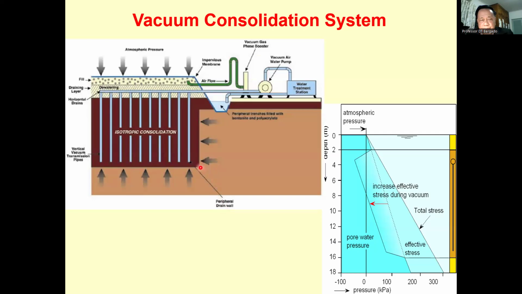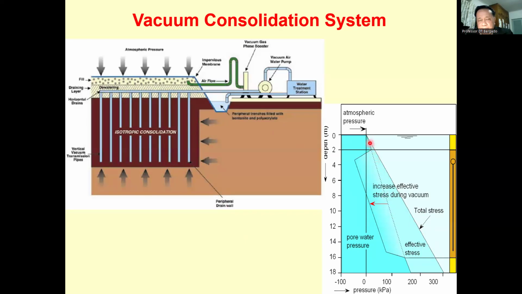Vacuum means we add vacuum force suction through the PBDs, and in so doing, instead of increasing the vertical load, we decrease the pore pressure to increase the effective stress.